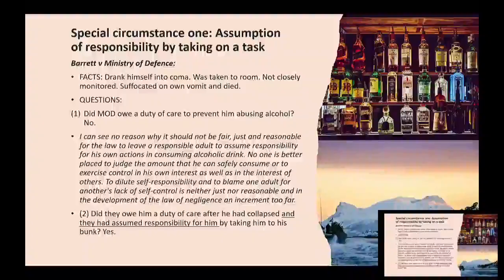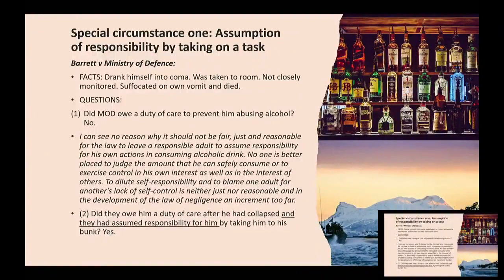This was the assumption of responsibility to take care of him. Okay, it is that assumption of responsibility that founded the duty, and they breached that duty when they failed to get medical assistance and adequately supervise him. But the damages were reduced by two-thirds for his own contributory negligence. Mr. Barrett's lack of self-control in his own interest caused the defendant to have to assume responsibility. So the damages sought were reduced by two-thirds to take account of this.